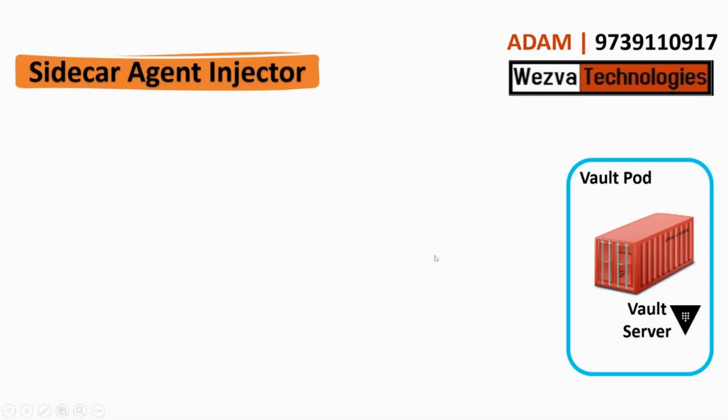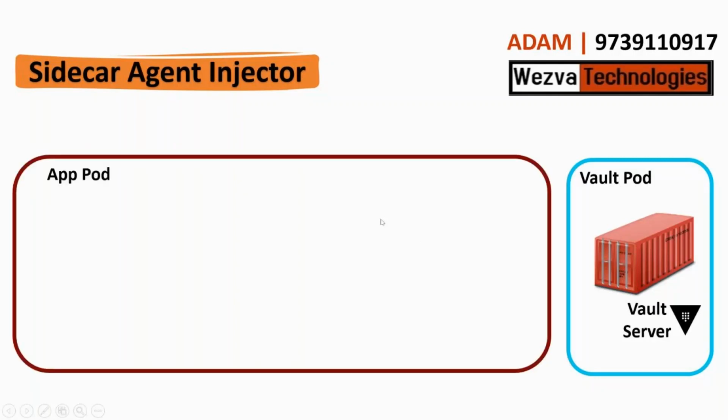Then, when we design our application pod, like I said, before my main container starts, I need the secret to be collected from the vault server. Now, what we are looking at is something before my application or the main container is started, I need to collect the data. So for this, the architecture we will be using is that the vault server has something called a vault agent. The purpose of the agent is to collect or fetch the data from the server.